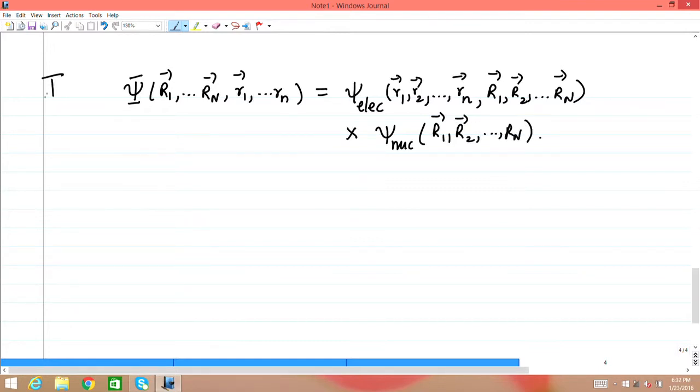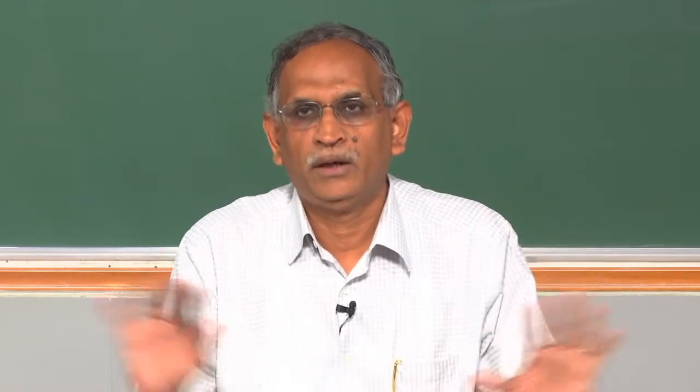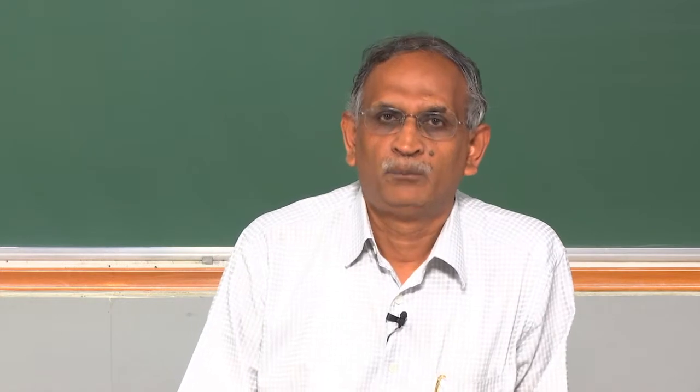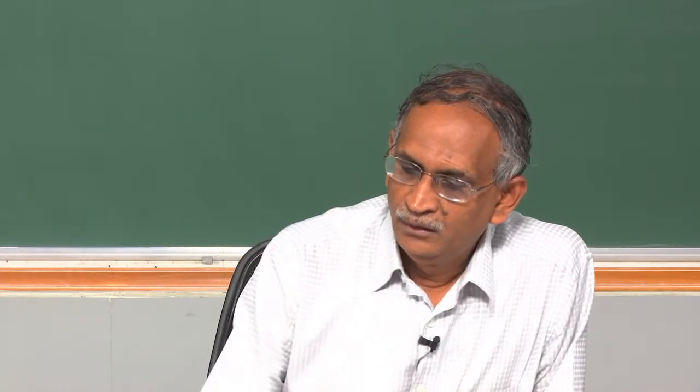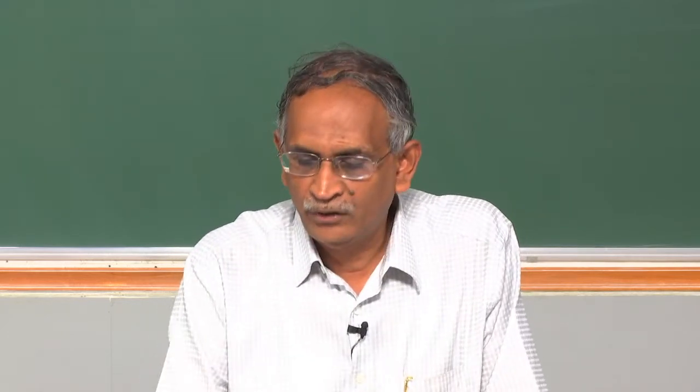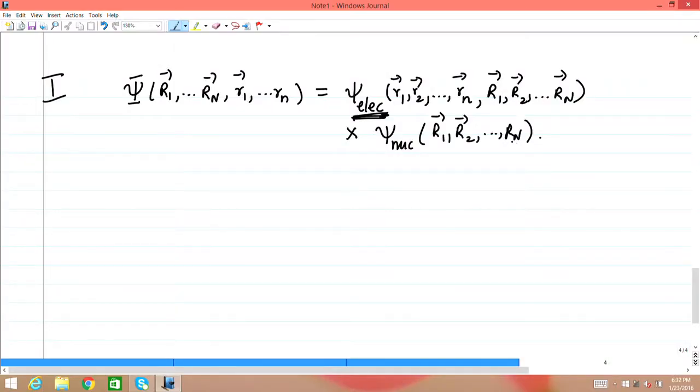This is the first of the two steps that Born and Oppenheimer provide in order to reasonably separate the molecular Hamiltonian into two nearly independent domains of problems to be solved. Electronic wave function is a function of all the coordinates. The nuclear wave function is a function of only the nuclear coordinates.